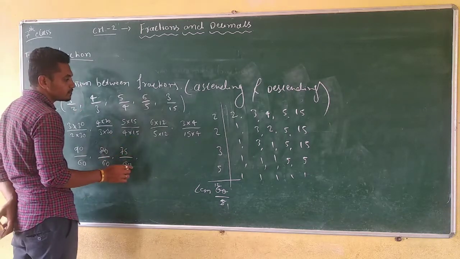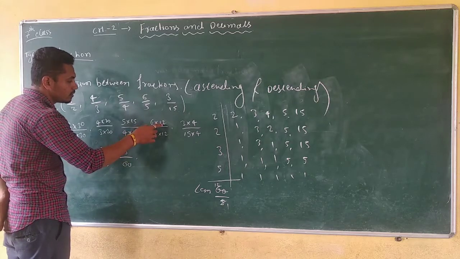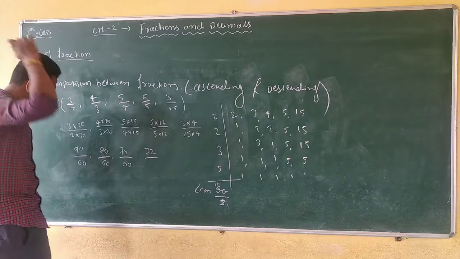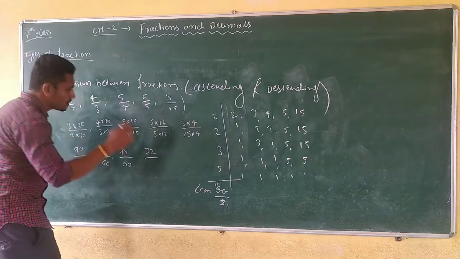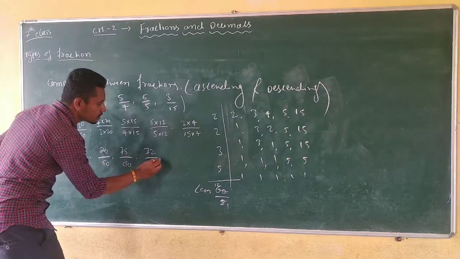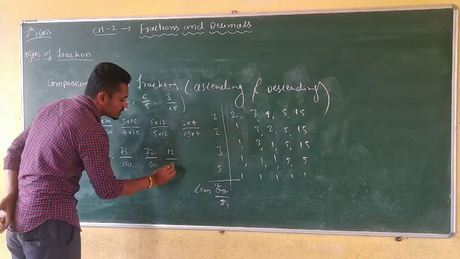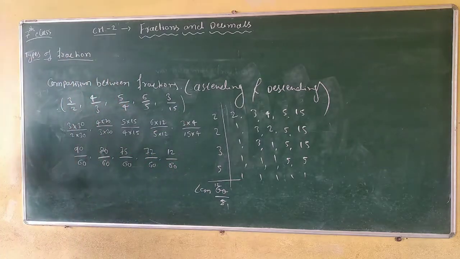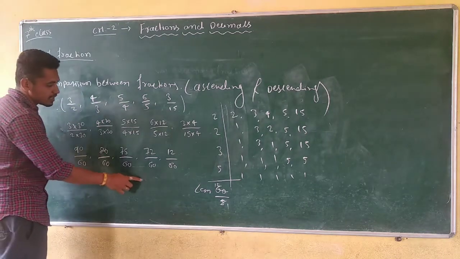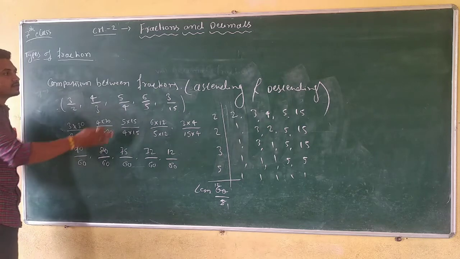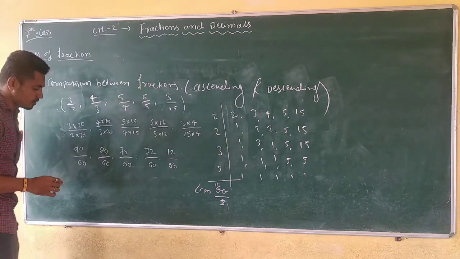12 6s are 72. Next, 12 5s are 60. 3 4s are 12 and 15 4s are 60. Now see here, all denominators are equal to each other. Now we have to write ascending and descending order.